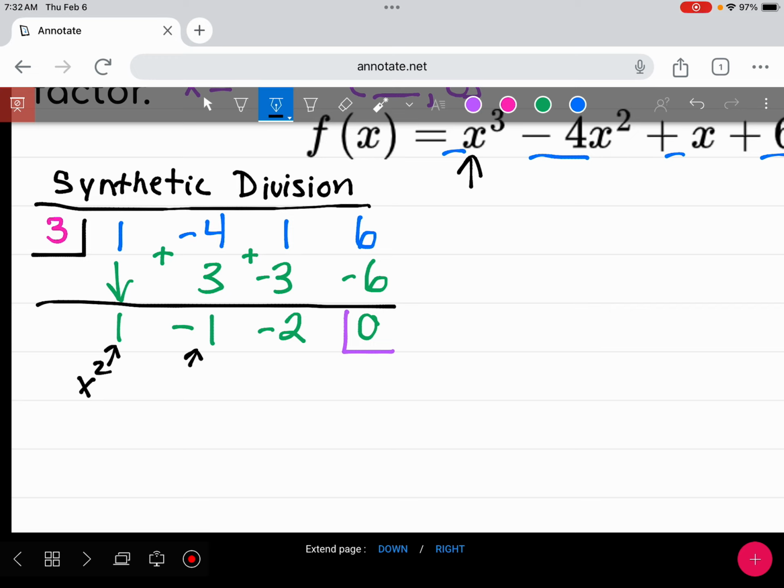Then it's going to go down a degree. So it starts with a square, so it's going to go down to an x. And then our last piece is going to be a number. This is why it is super important that we do not skip any terms. So we had the one yesterday where we had x to the 4th and then an x squared, and we have to put the 0 in, otherwise we don't have enough pieces down here for all our coefficients. We've got to have a column for everybody.